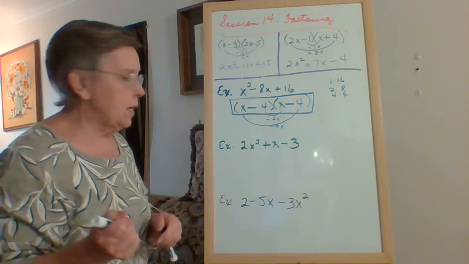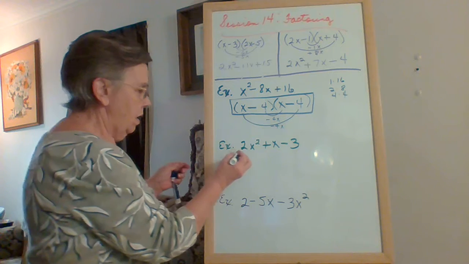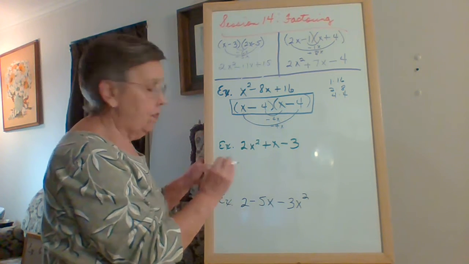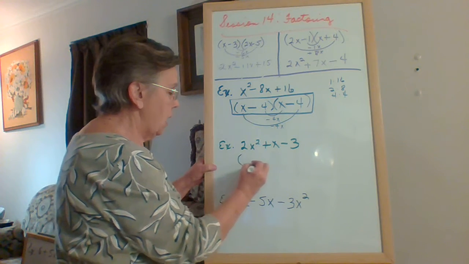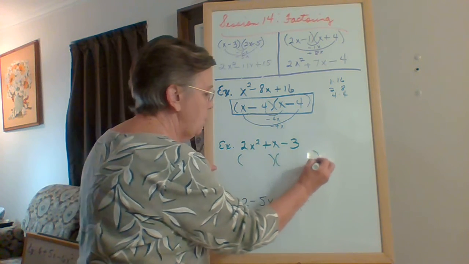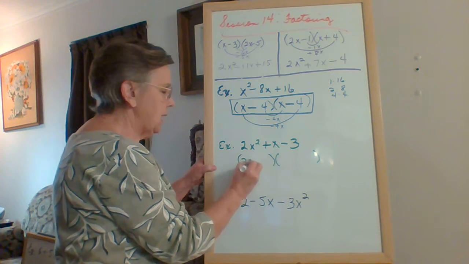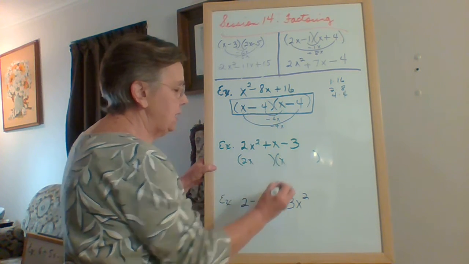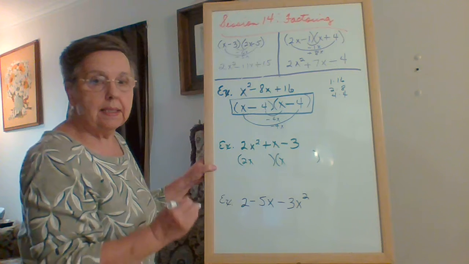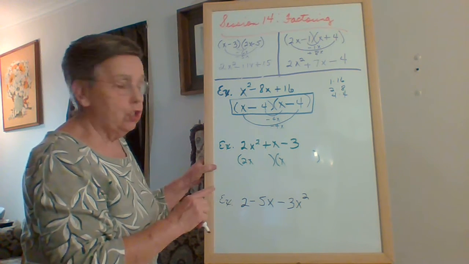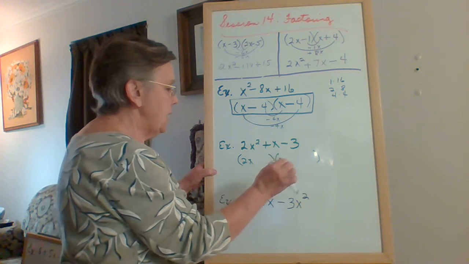Let's try the next one. A little bit more difficult because the first term has a 2 in front of it as a coefficient, but we do it the same way. 2x squared gives me 2x and 1x, and I do not have to write the 1 unless that's the only number that holds the position of the term. Okay?